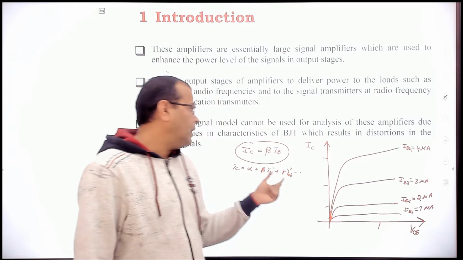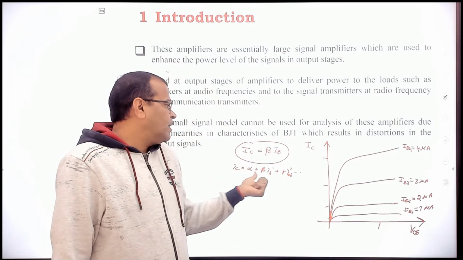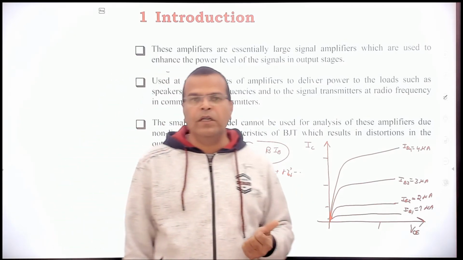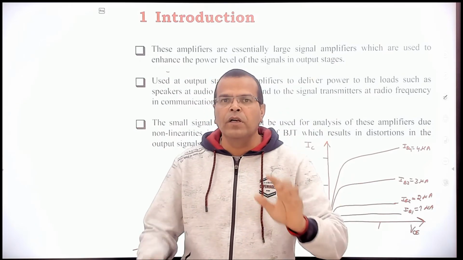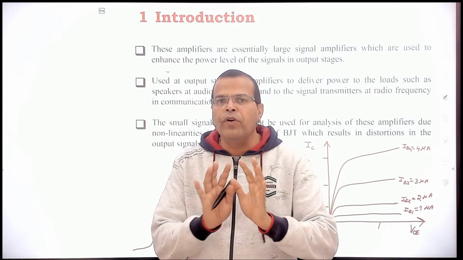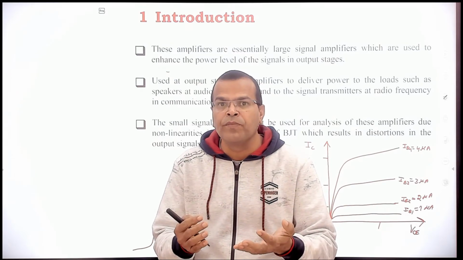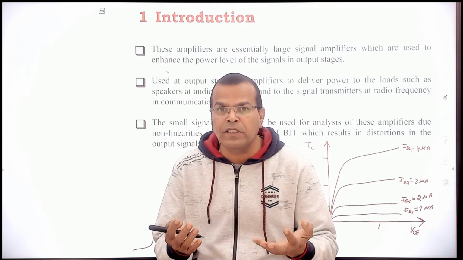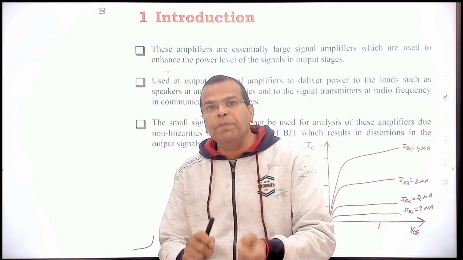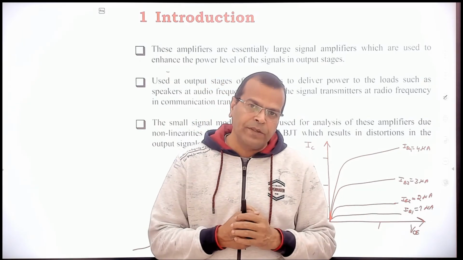And in that case, if my collector current is not proportional to base current, and the base current is sinusoidal, the collector current will not be purely sinusoidal, it will have harmonics. It will have multiple frequencies, which are multiples of the frequency of the base current.